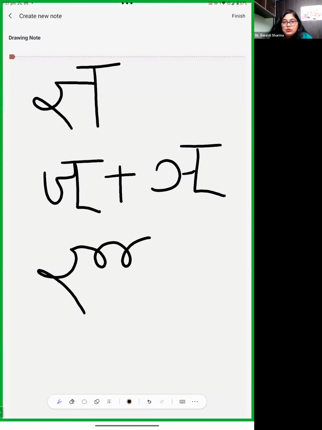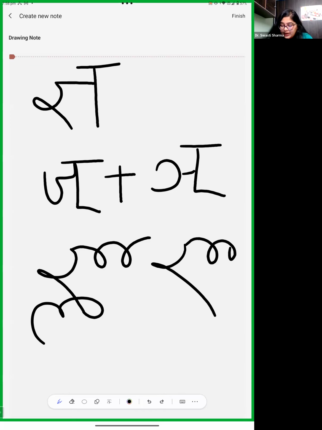What we will do next, we will add the shape like this. Okay, just this one. This is gya. You will make ja and then you will have to add the shape of na. It indicates gya. Okay, this is the different one. This is gya.